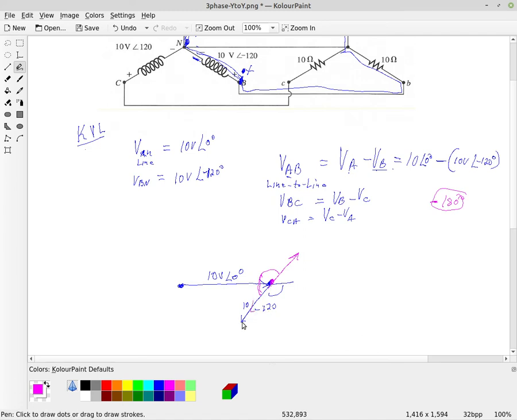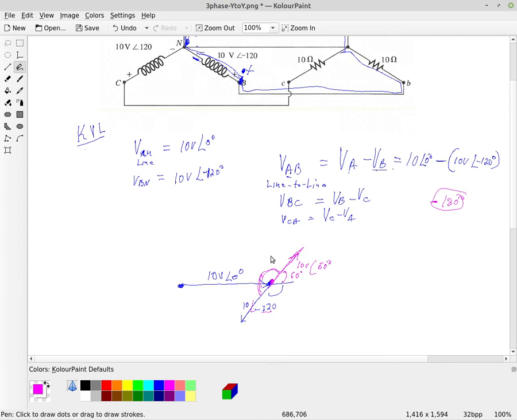It's going down this way, but now we subtract that, so it's actually going up this way, 10 volts, at an angle of, if this is 120 degrees, then that would be 60 degrees.